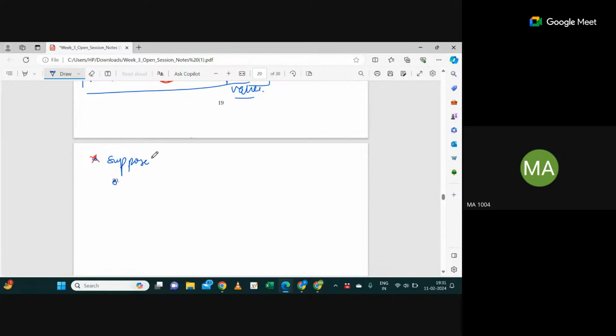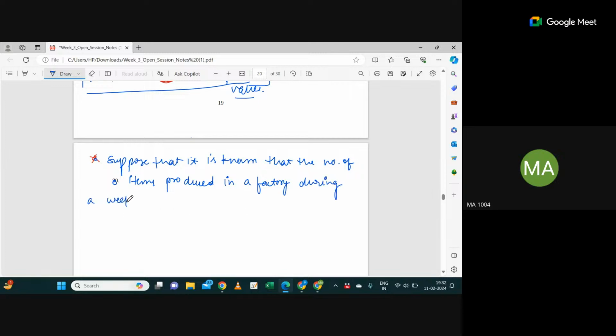Suppose that it is known that the number of items produced in a factory during a week is a random variable with mean 50. That's all I'm saying.